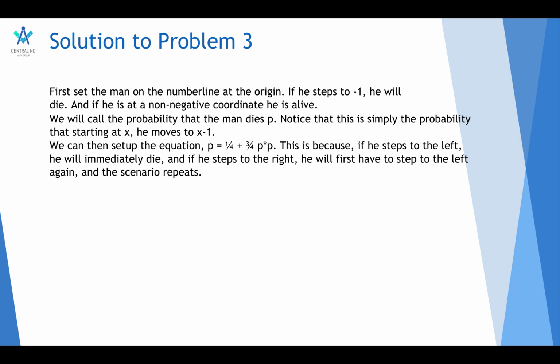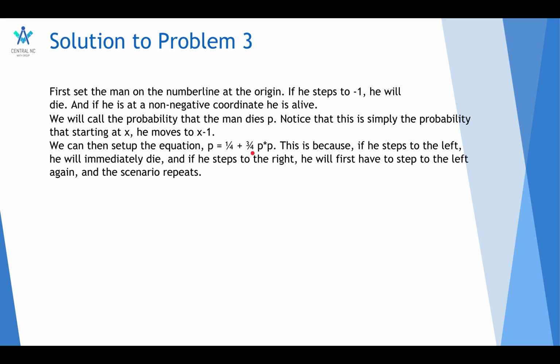So what we can do is set up the equation p equals 1/4 plus 3/4 p squared. So this 1/4 stems from the fact that if on the first move he steps to the left, he'll die, and there's a 1/4 chance of that happening.